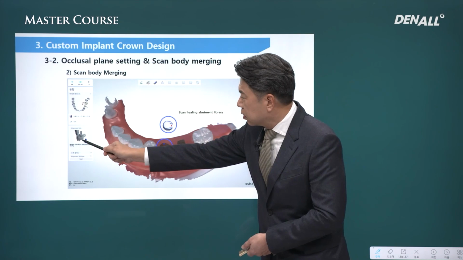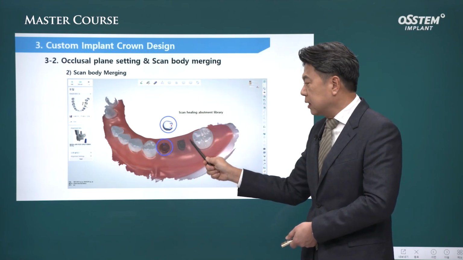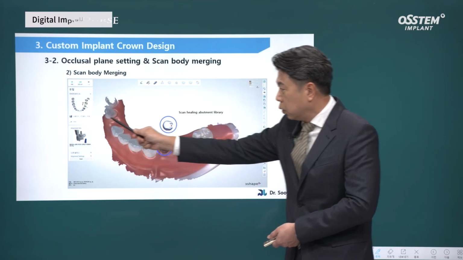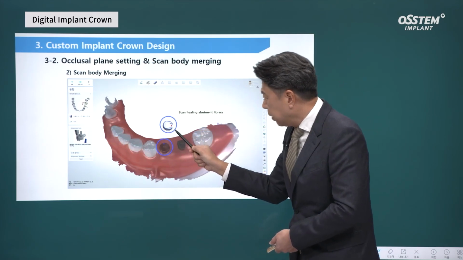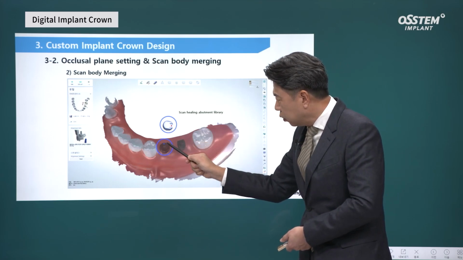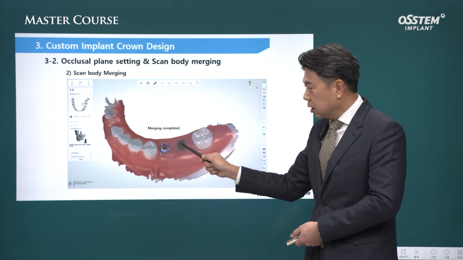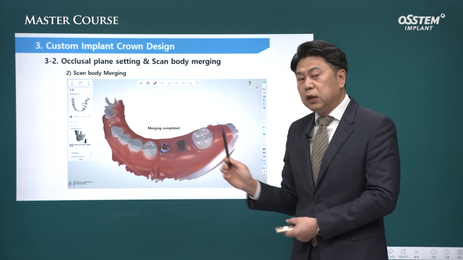A library is brought in. For example, the Osstem TS3 scan body, short type, is used. If it is checked in the space, the scan body data appears. If you mark the points where the newly acquired impression corresponds, they get attached like this. This is how the 2 data sets get merged.